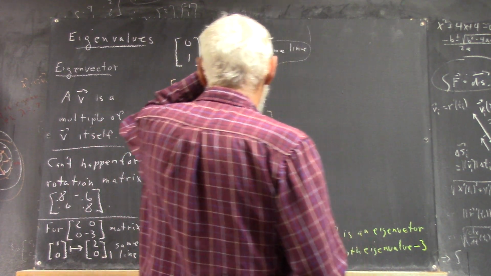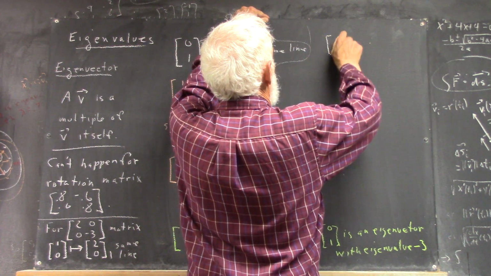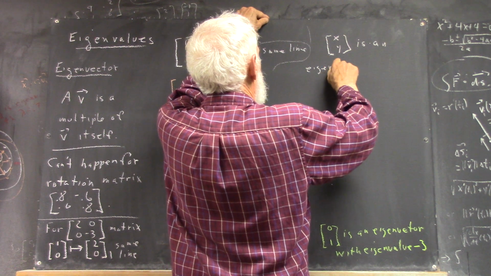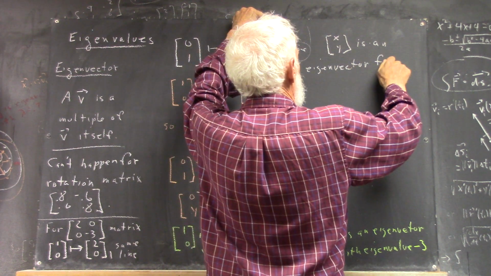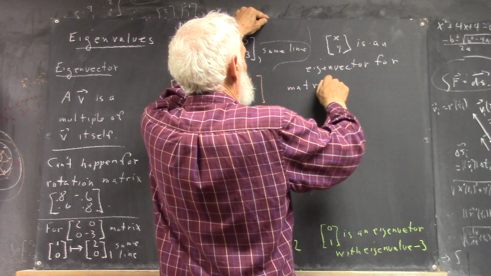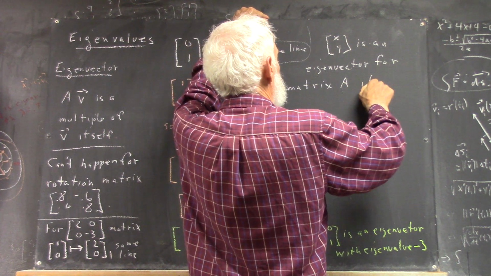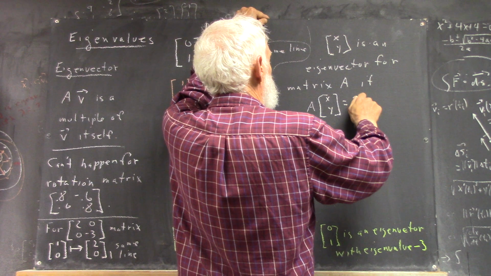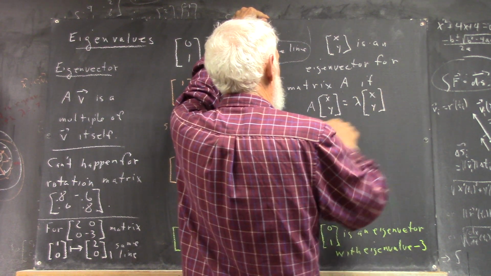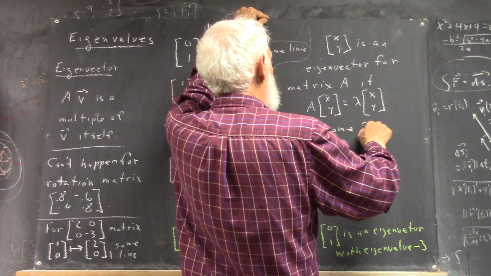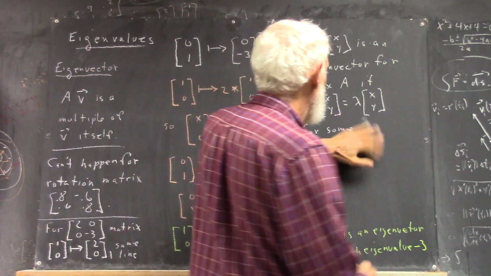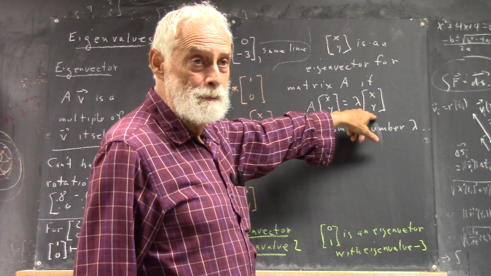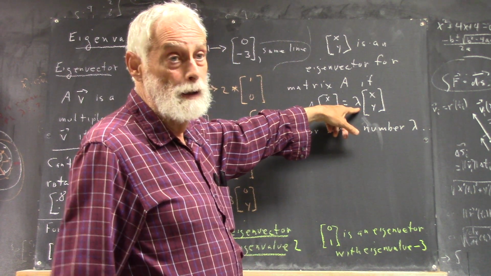Okay, so I'm going to make a jump here. A vector (x, y) is an eigenvector for matrix A if A multiplied by (x, y) equals lambda times (x, y). You probably know some of the Greek alphabet, alpha, beta, stuff like that.